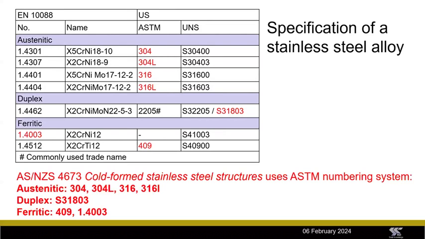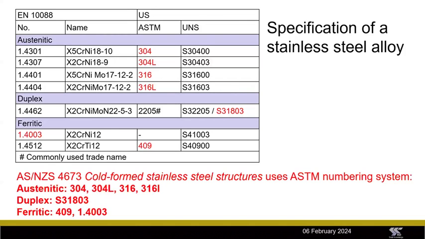In Europe, for example, we use a number like 1.4301. Also, the European standards give a very complicated name for each alloy, but no one I know has ever used that, so you can forget that.